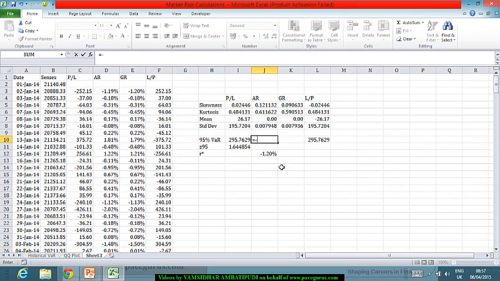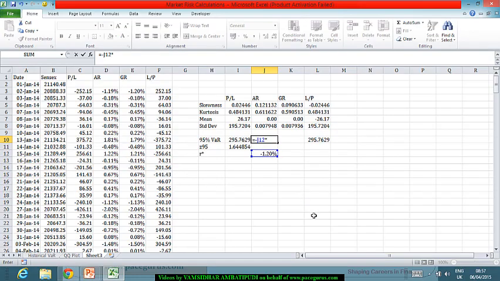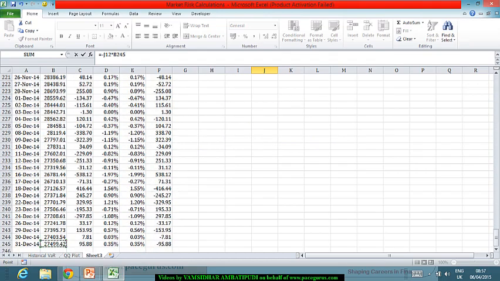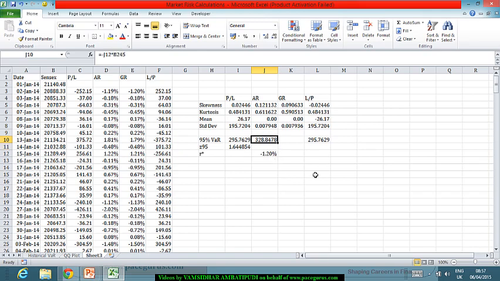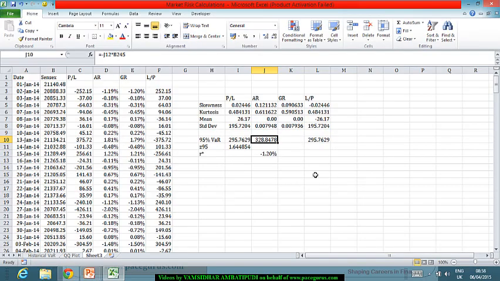If I want the 95% VaR, I'll take the minus of it and multiply it with the last period's price, P T minus 1, which clearly says that using this mechanism, if I am assuming that the arithmetic returns follow a normal distribution, the 95% confidence interval VaR comes out to 328.84.